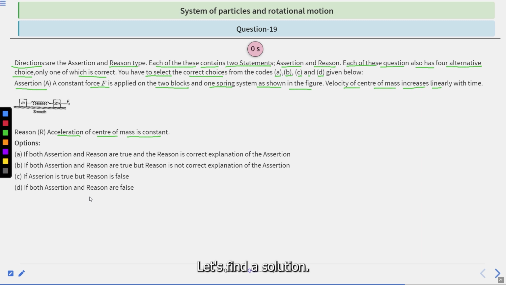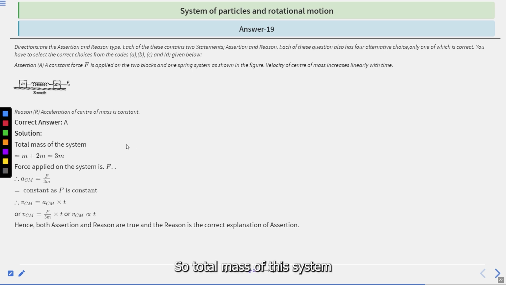Let's find a solution. The total mass of the system is m plus 2m, which is equal to 3m. The force applied on the system is F. So a is equal to F divided by 3m, which is constant as F is constant.